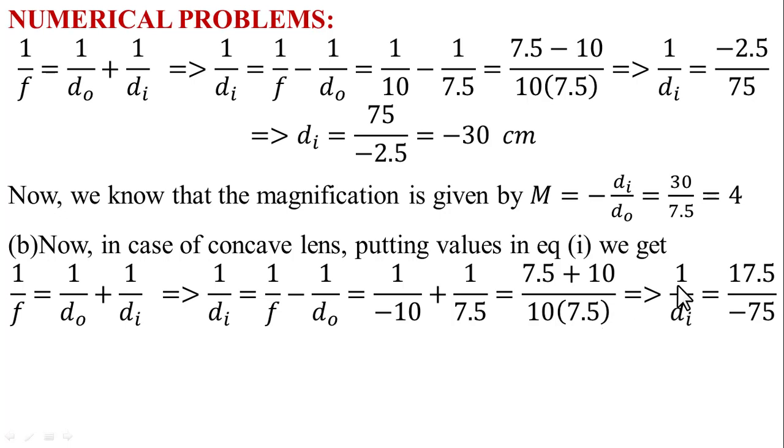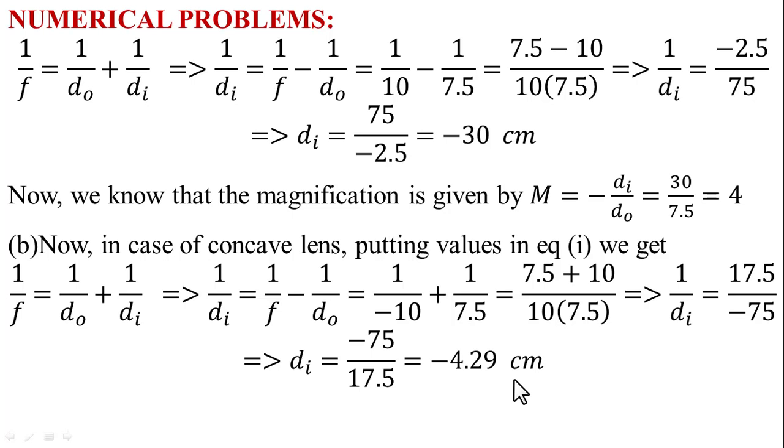So this implies that 1 upon di is equal to minus 17.5 divided by 75. Taking reciprocal on both sides, di is equal to minus 75 divided by 17.5.